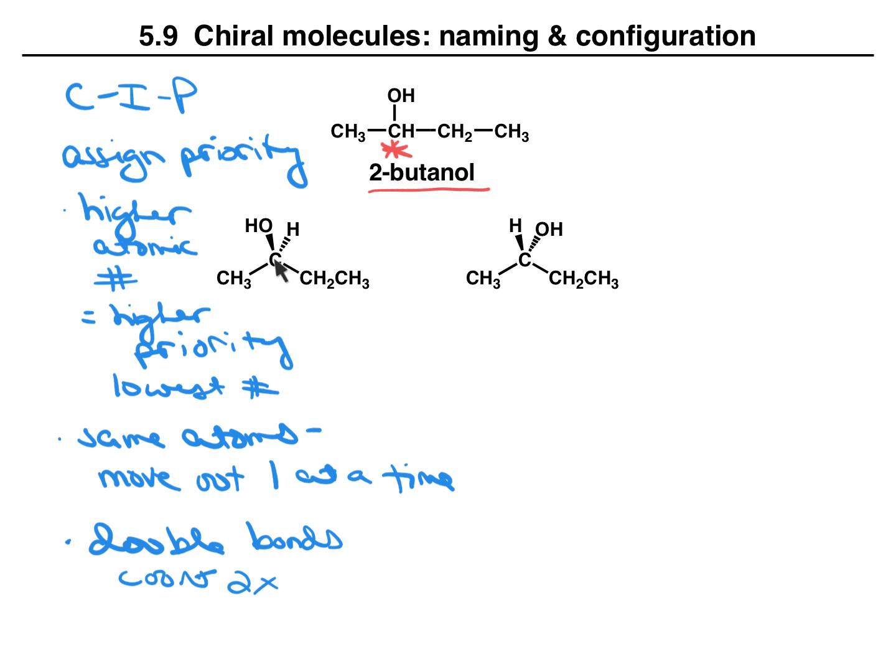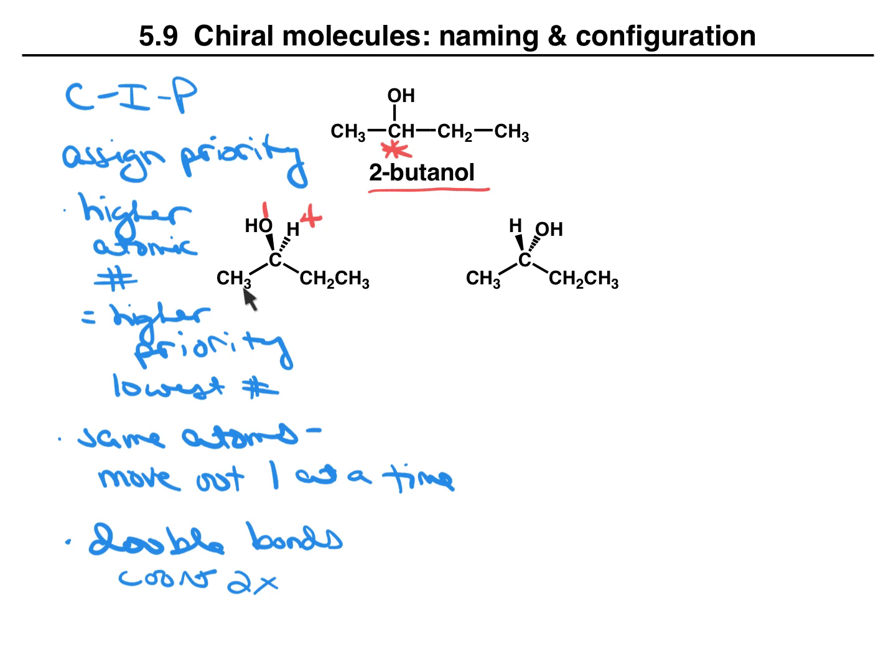We're focusing on this carbon, and what we have connected to it is an oxygen, a hydrogen, a carbon, and a carbon. Oxygen has the highest atomic number, so this is priority 1, highest priority. Hydrogen has the lowest atomic number, and so this has the lowest priority, priority 4.